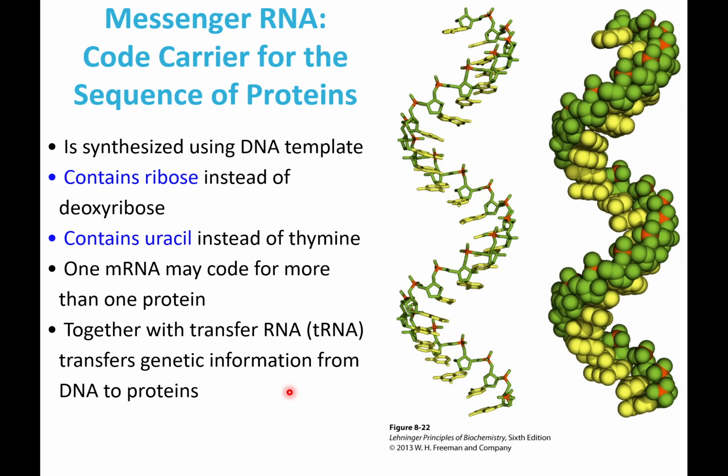Really, I think the better term for that is translates that genetic information from nucleic acid to amino acid, DNA to protein. And a structure of a small length of messenger RNA is shown here, and you can see that it makes a helical structure, but it's single-stranded, and so these are a little bit more flexible still than DNA would be, because it is only one strand.